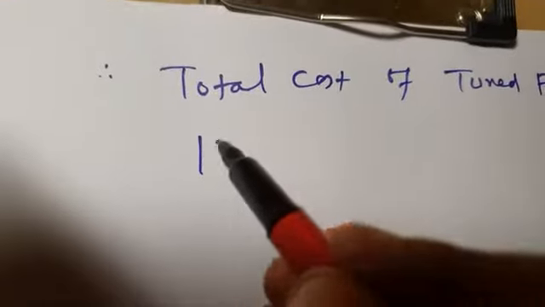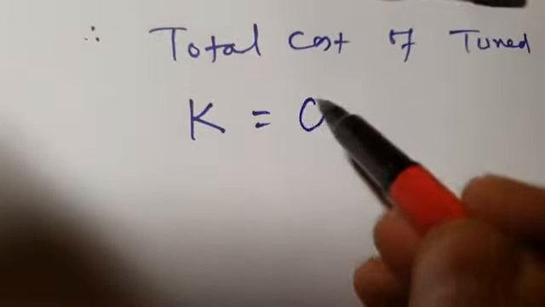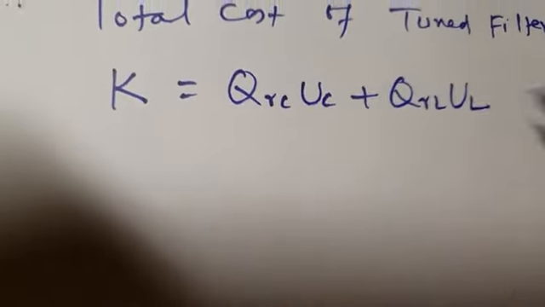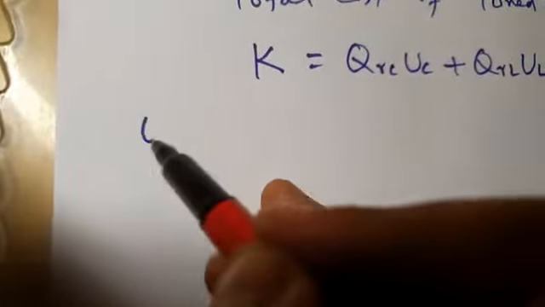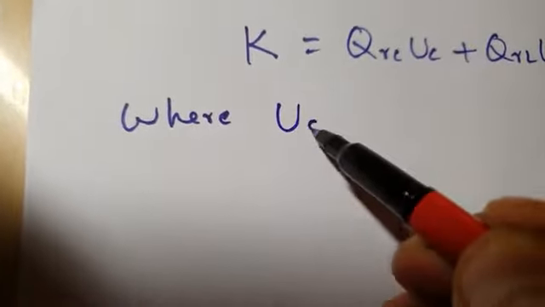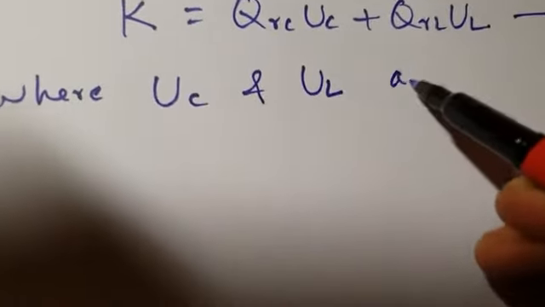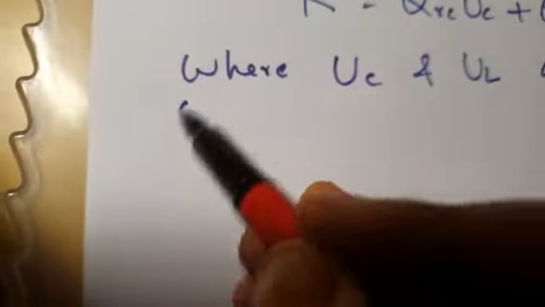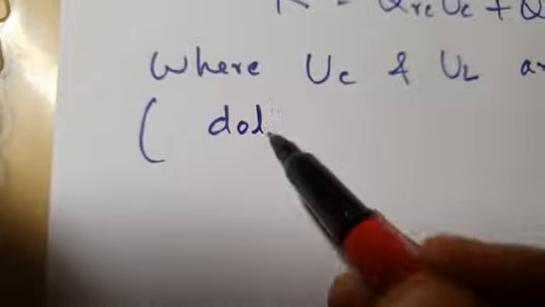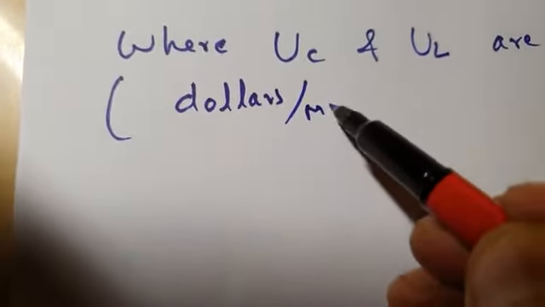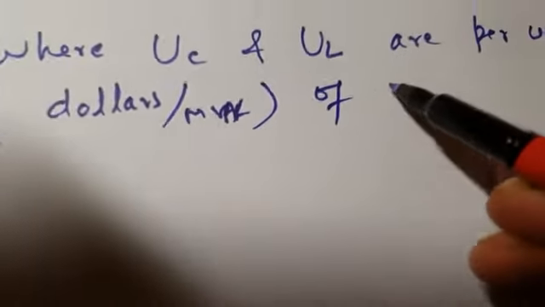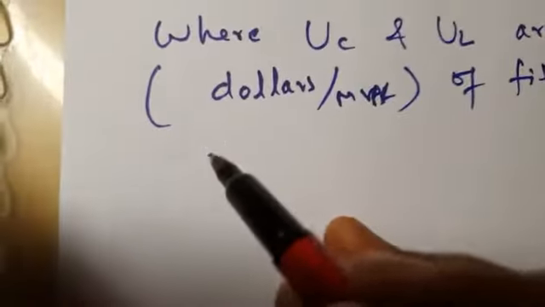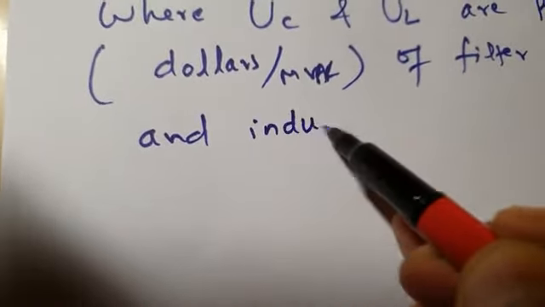Let us denote cost by K. K is equal to QRC into UC plus QRL into UL, where UC and UL are per unit cost in dollars per megavar of filter capacitor and inductor respectively.